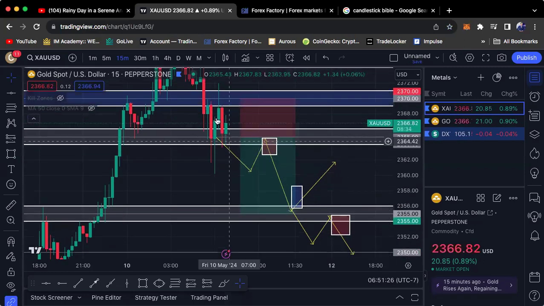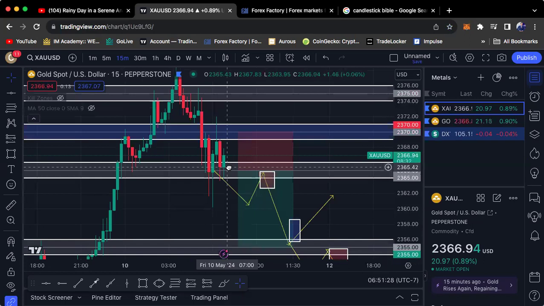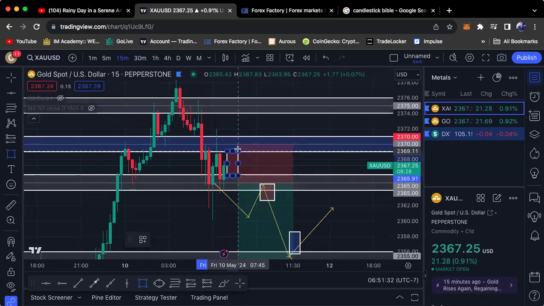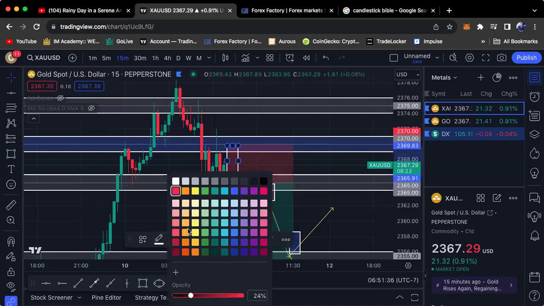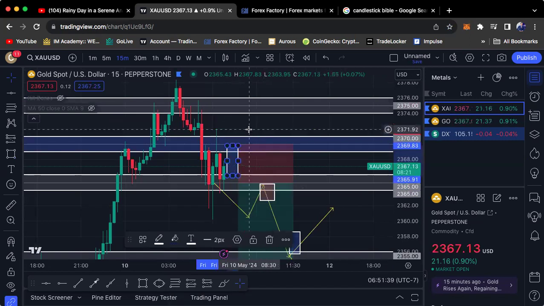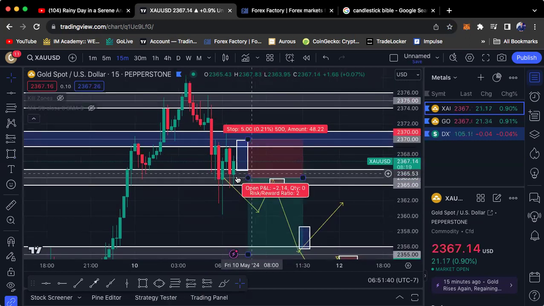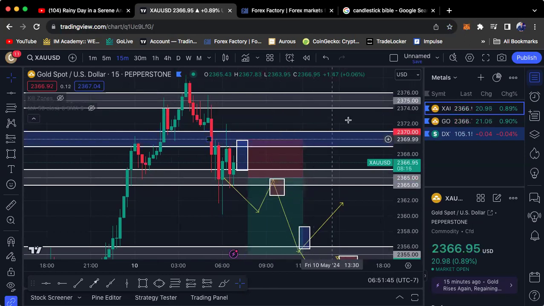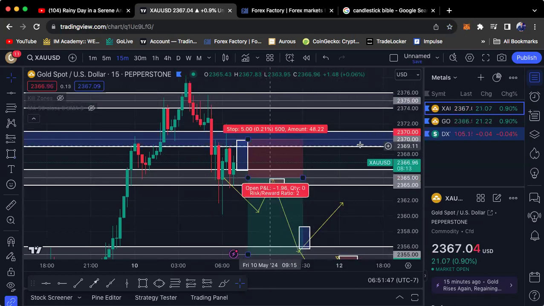If it closes above, okay, and gives me a bullish move, then you already know it's going to continue to the upside, right? It's going to continue to the upside, and then you just take the buy to 22.75 because that's a total 100 pips.